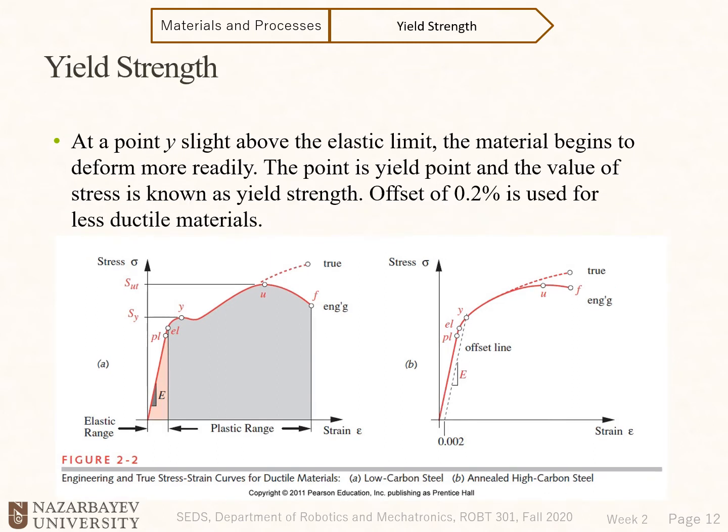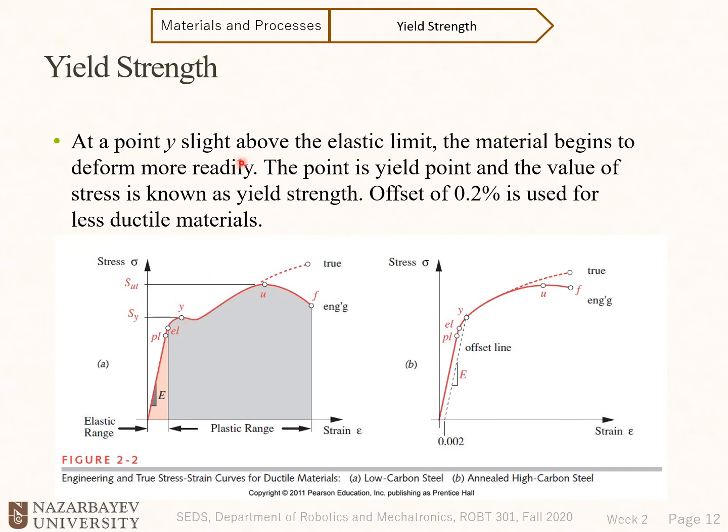Yield strength. Yield strength is one of the most important mechanical properties that we can extract from the tensile test. Here is the point Y. The point Y in most ductile materials is, let's say, a local maximum.